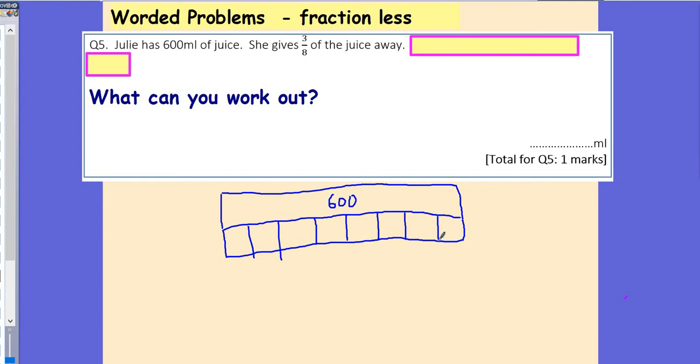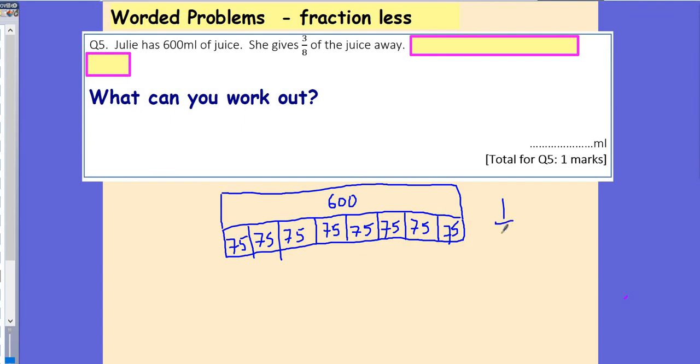Each of those sections, if I've split it into 8, is going to be worth 75 millilitres. Two more on the end, 75 and 75. So I could have worked out that 1/8 of that juice was 75 mils.